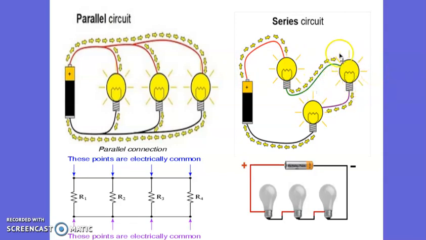There will be no continuous flow of electricity, which means that because it has only one path, if one is broken, the two will not work. So all of them will not work. Unlike here, if one is broken, still the two others will work because it has another path or flow of electric charge. That is the difference between a parallel and a series circuit.